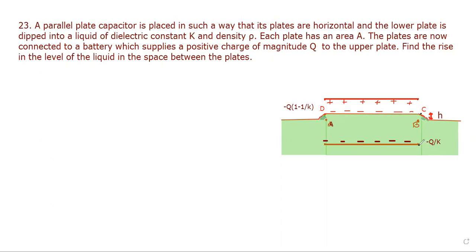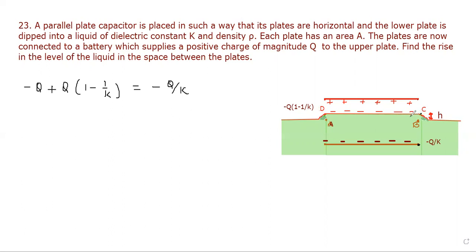So total charge on this surface will be equal to minus Q plus the opposite of this charge. So that is Q times 1 minus 1 upon K. If we simplify, we will get minus Q upon K. Now, we have to consider the forces acting on this surface due to which the liquid rises.